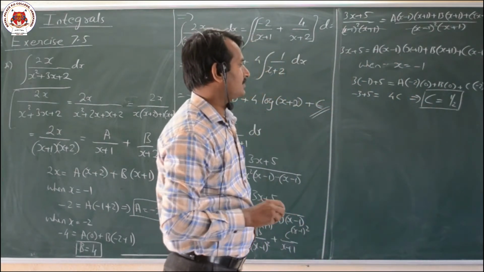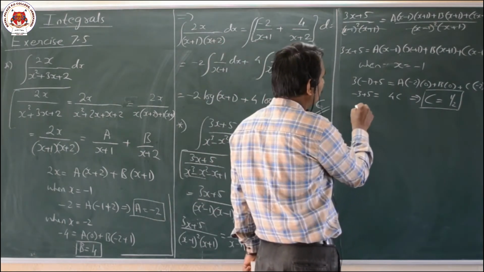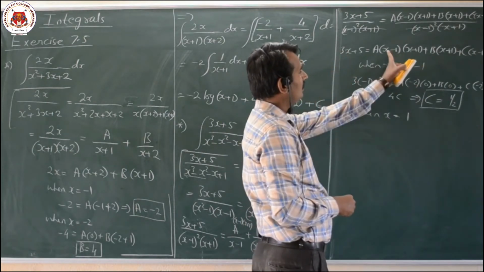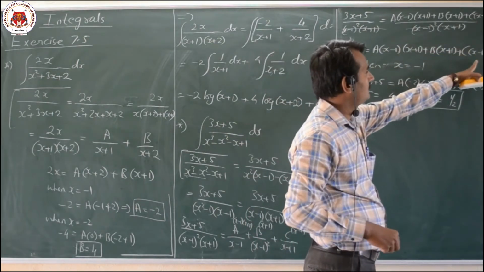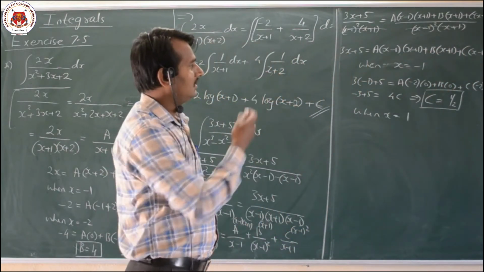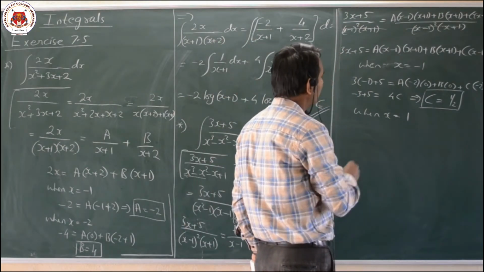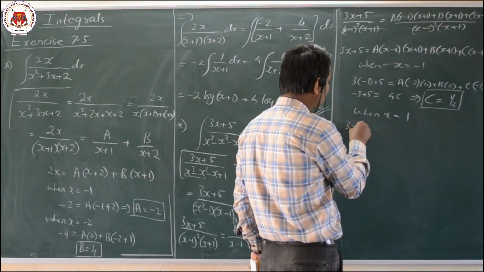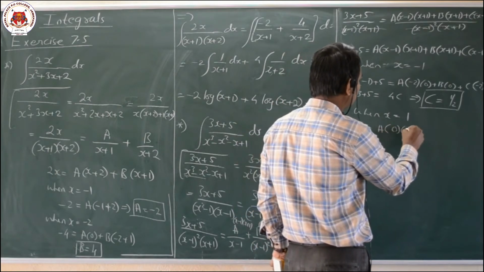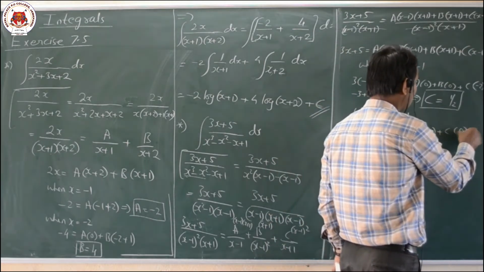Now we have found the value for c. The next term is when x equals 1. If I put x = 1, then 1 − 1 is 0, 1 − 1 is 0. So we get the value for b: 3(1) + 5 equals a(1 − 1)(2) plus b(2) plus c times 0.